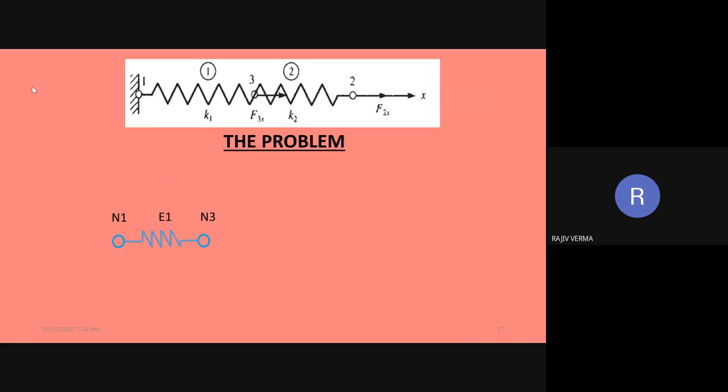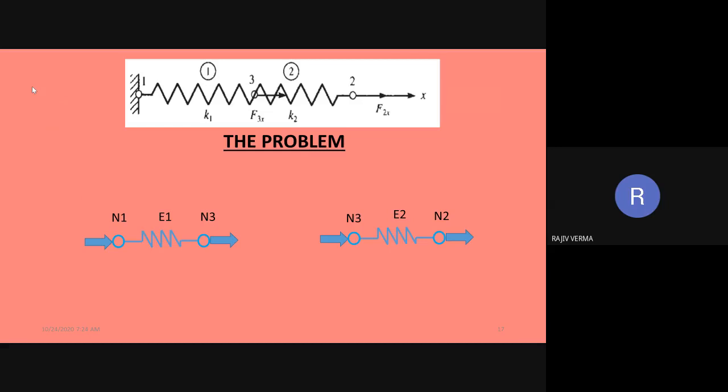It has two nodes represented by N1 and N3 on the left and on the right. Similarly, we have isolated element number 2 also. It has node 3 and node 2 at the left and the right end. And then coming to the forces acting on this element, the solution which we are doing follows the FEM approach. In fact, we always are going to follow the FEM approach, under which the forces are always going to be towards the positive x-axis.